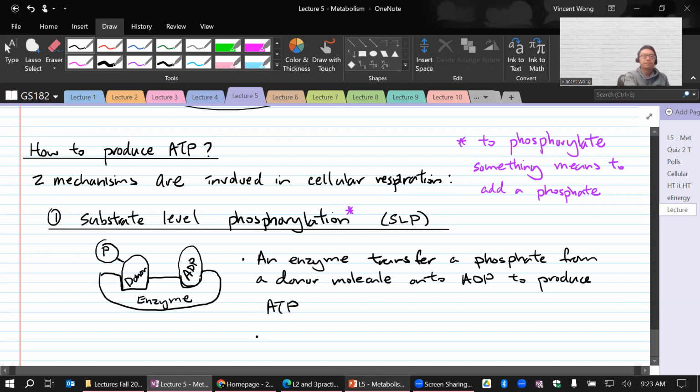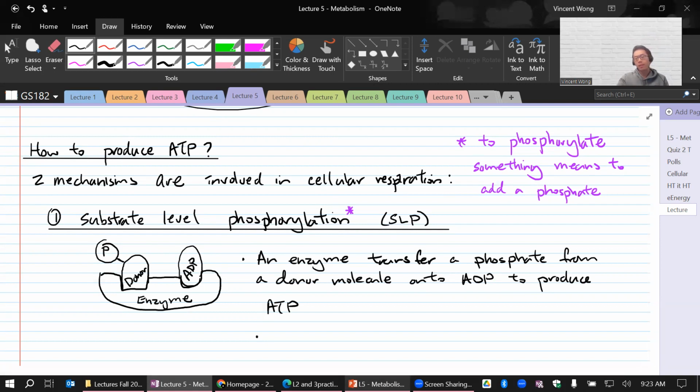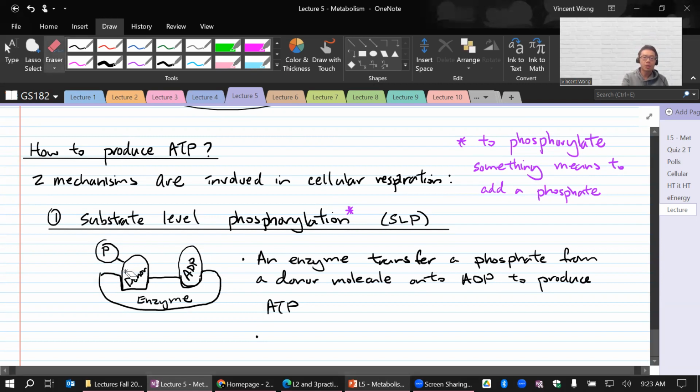That's all. Nothing mysterious about it. Okay. So this molecule doesn't want the phosphate anymore. It's willing to give it up. So the enzyme literally takes it, puts it onto ADP, then you get ATP.